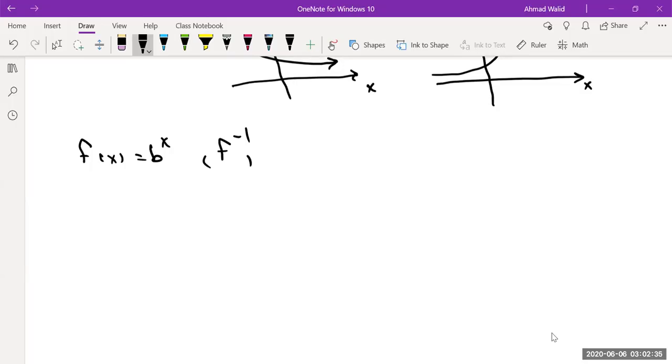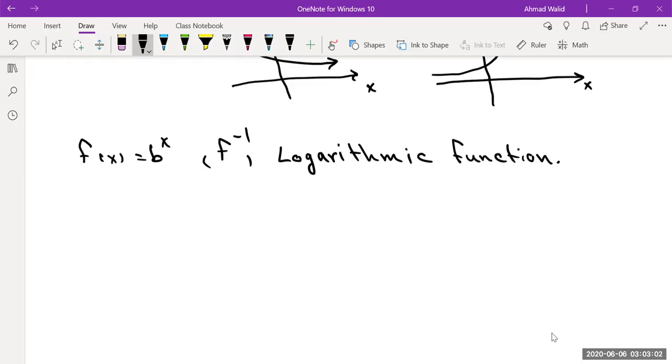We call the inverse of f of x equals b to the power of x the logarithmic function. Or in very simple language, logarithmic functions are the inverse functions of exponential functions, correct?